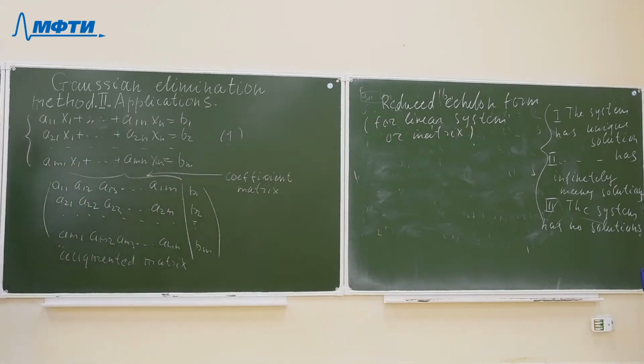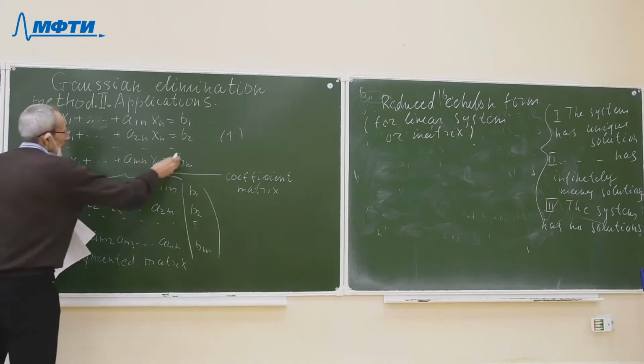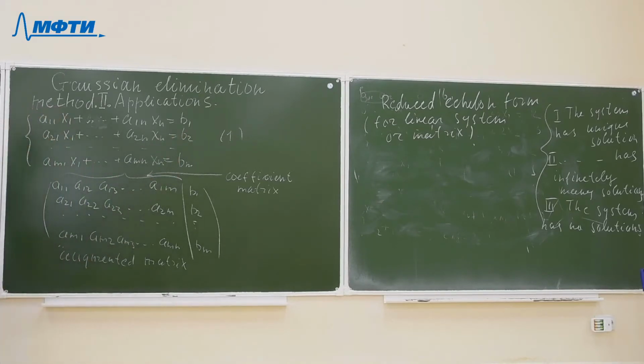Now it is convenient to use the so-called matrix formalism. We can consider a matrix which contains the coefficients and the constant terms of the equations in the linear system.